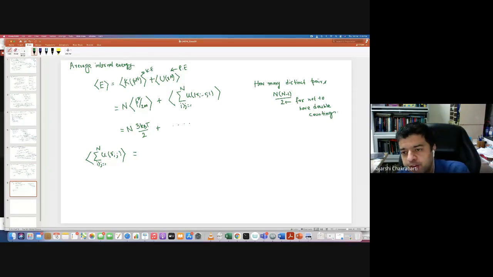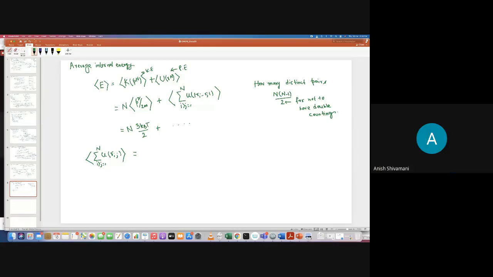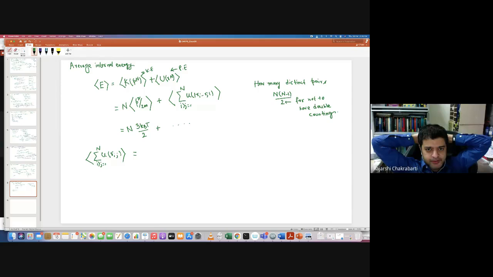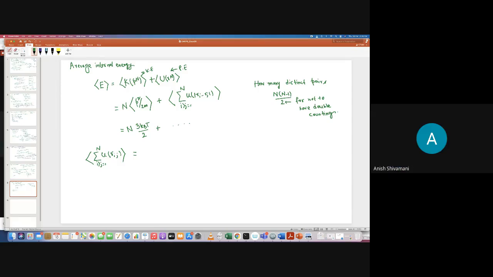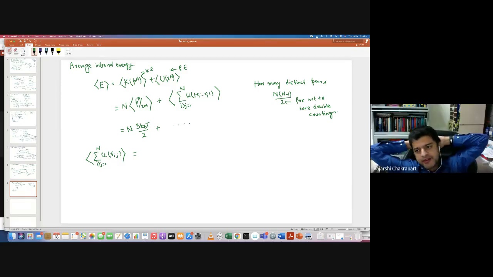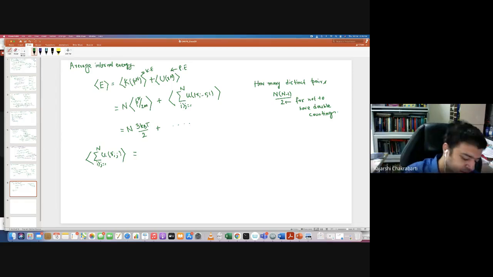How do you get n into n minus 1 by 2? Can Anish explain? It's like if I have to pick the first particle, I have n choices. Second particle, n minus 1 choices. But then, in order to avoid double counting, you just divide the product by 2. That's how it is. So this is how it should be. So this average, I can write as n into n minus 1 by 2, because each term will be similar, no?